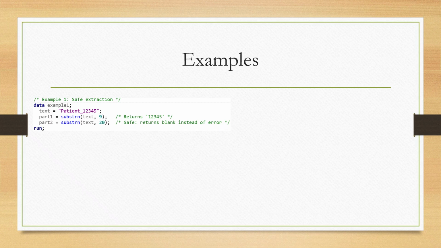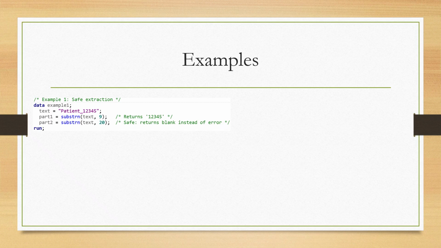The variable part1 is being created where we have mentioned the starting position as the 9th position, and since we have not mentioned the length of the string which we want to fetch from the text variable, it will read from the 9th position of the string till the end. So in this case, part1 will have the value 12345.